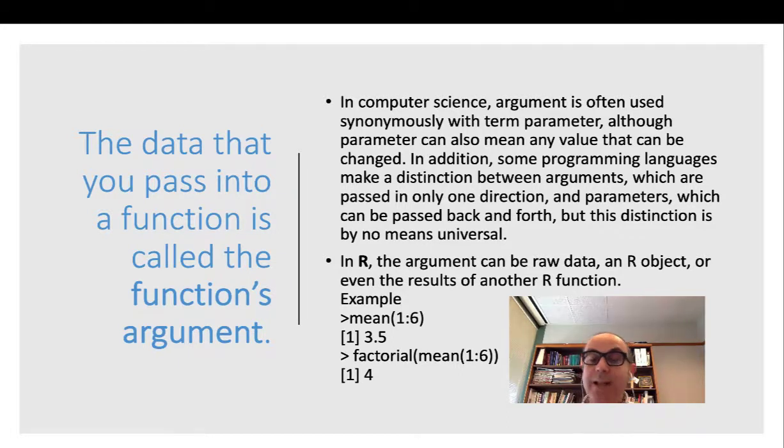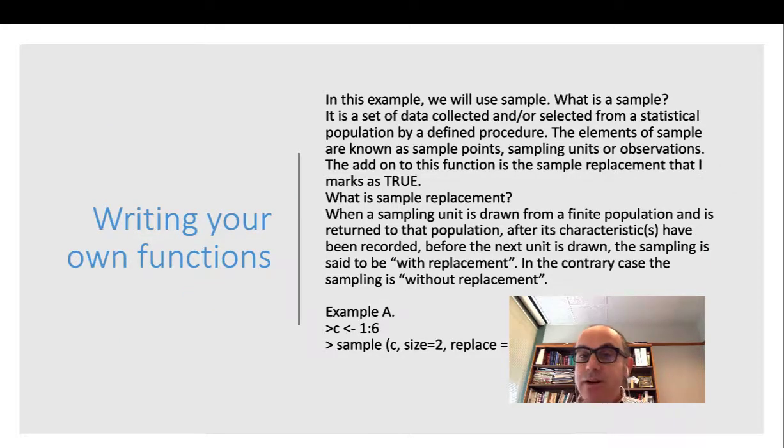Example: mean is a function, and if I set the data container to be 1 to 6, and then I say I want another function that will run into this calculation, and I say the mean, it will come back to me with an answer. So I have two functions in one data container. We can do that in other forms, but for now, that's what I will show.